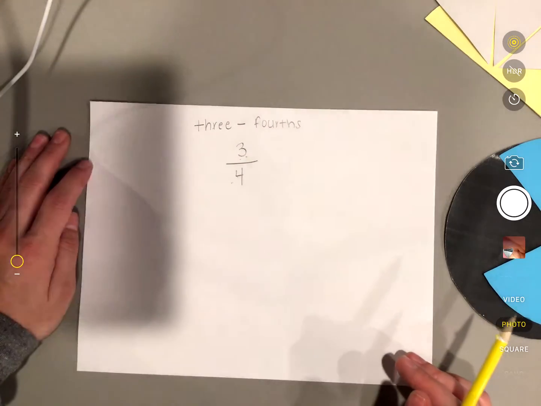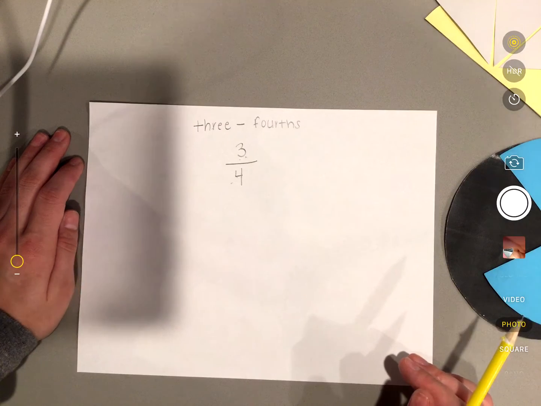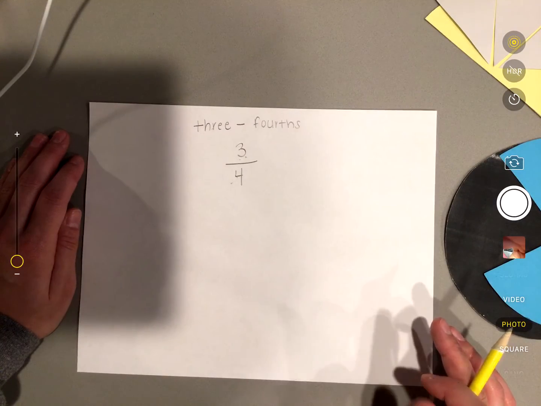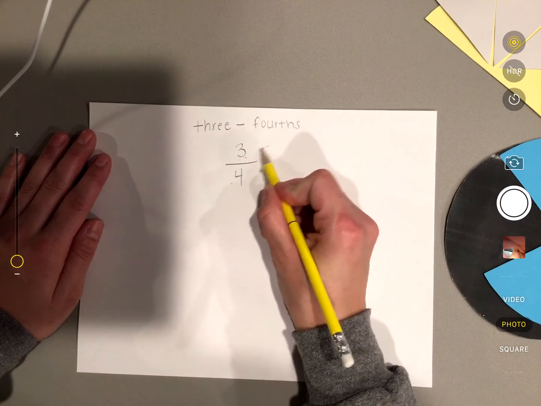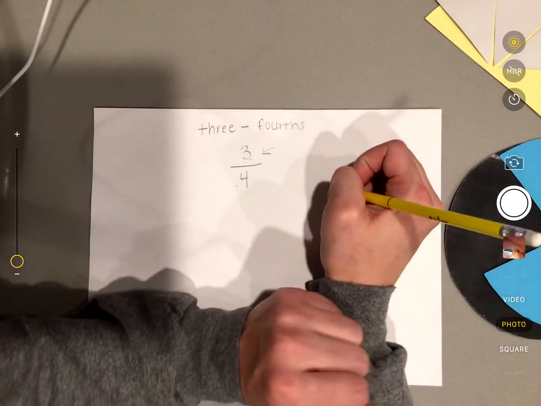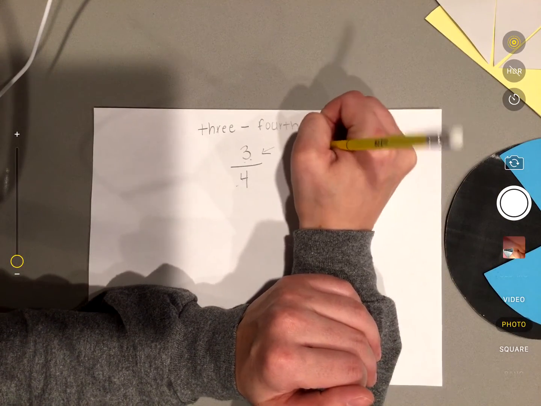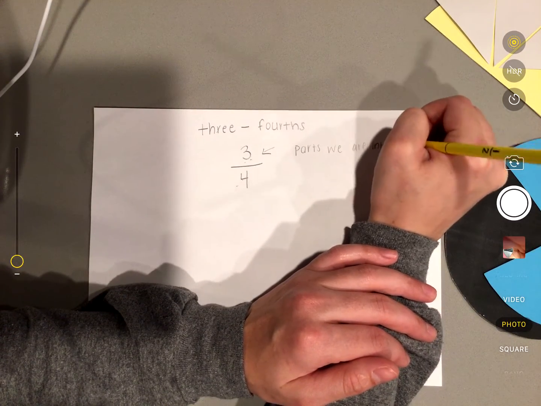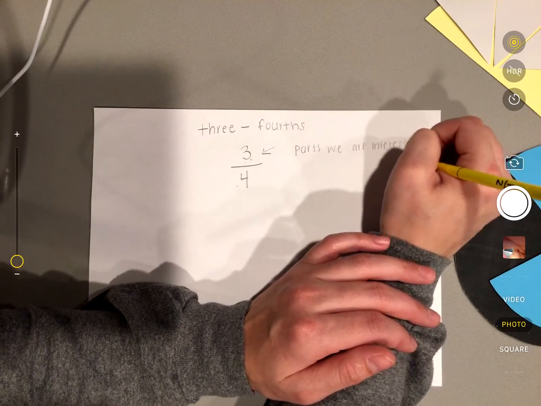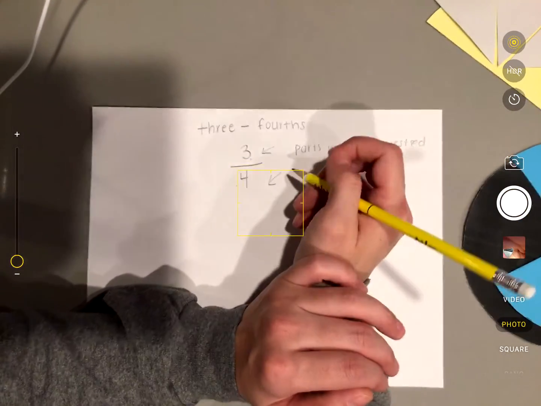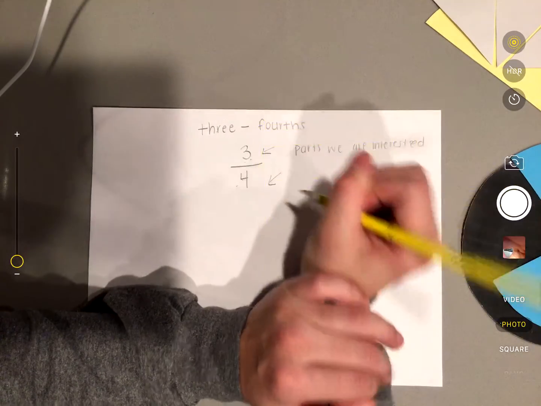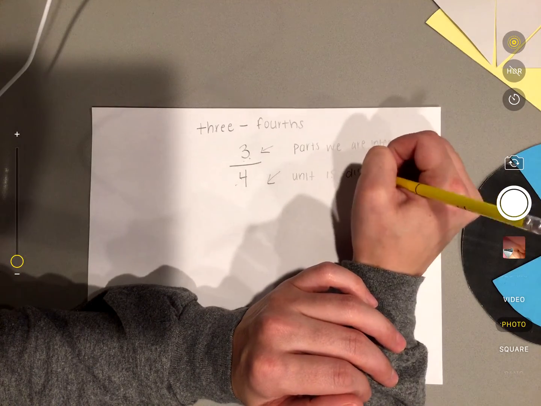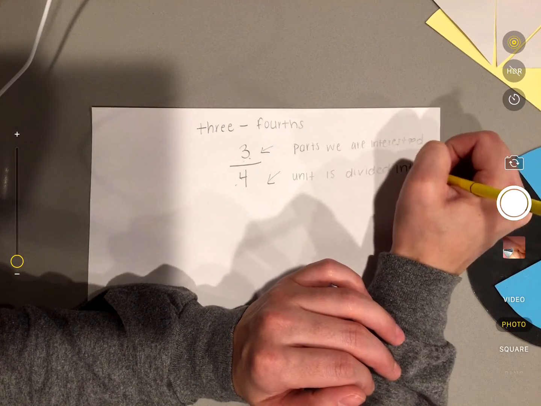How many equal parts is each unit divided into? So when you are 3/4, remember our top number, this tells us how many parts we have or how many parts we are interested in. And this tells us how many parts our unit is divided into.